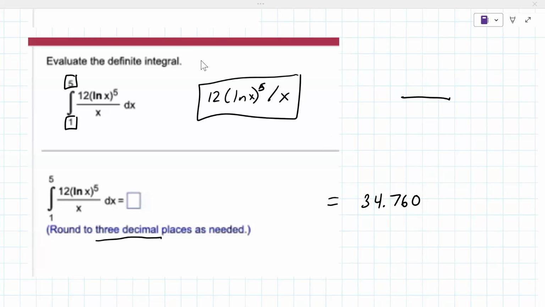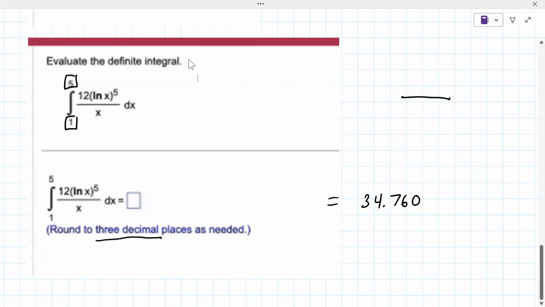So I guess you have to be creative with how you put this in there. You can go parentheses 12/x, parentheses natural log x to the 5th power, close parentheses. I'm kind of seeing that working. I messed it up.